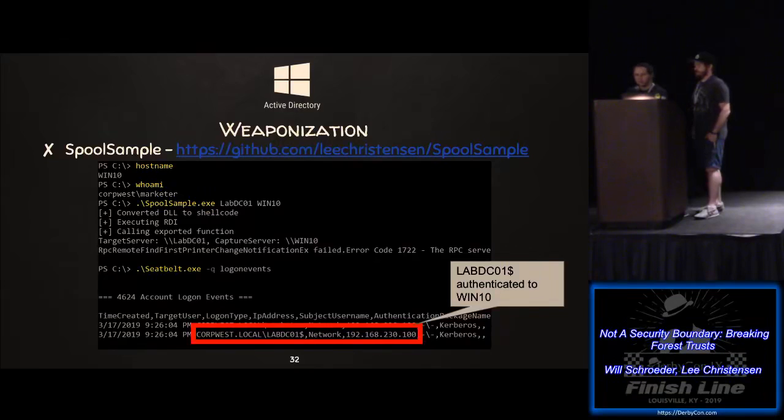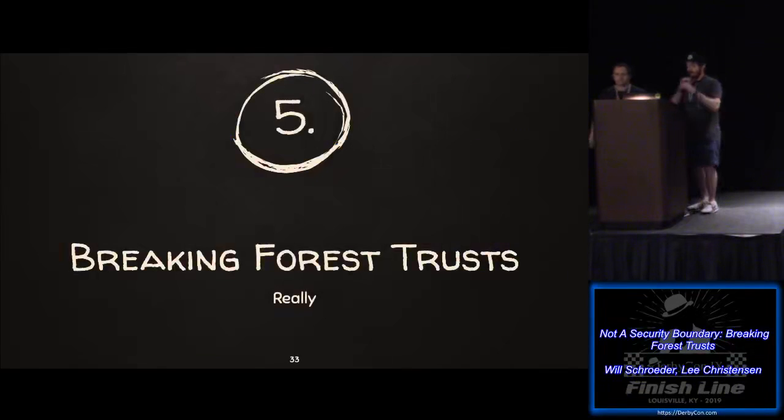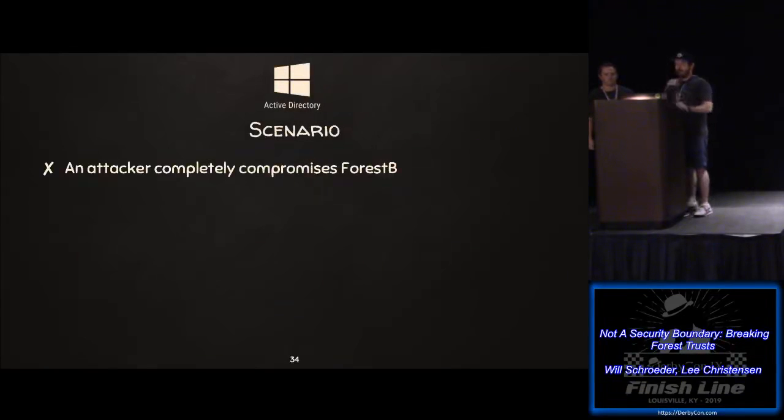I go ahead and execute it, and then I use Seatbelt to list the logon events. As you can see, on the Windows 10 machine, the domain controller did indeed try to authenticate back to us, and it's using Kerberos when it did that authentication. We could also force it to use NTLM, but in this case we're just going to use Kerberos. That's very cool. That's an extremely powerful primitive, especially in this scenario.